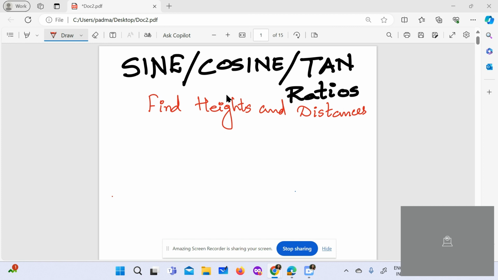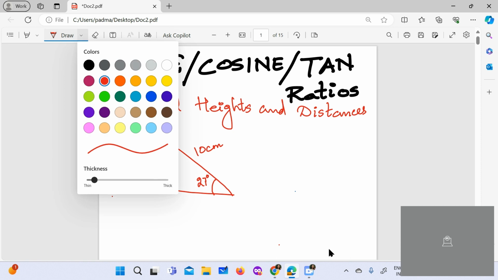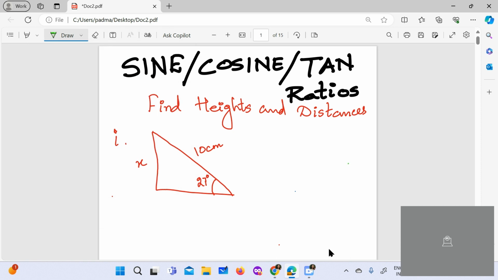So let me share one example with you. So suppose this is a triangle. So let me say that this is a 27-degree angle, and here you have 10 centimeter, and then this is the length which we need to find out. Okay, so as I said, our topic is sine ratio, cosine ratio and tan ratios.